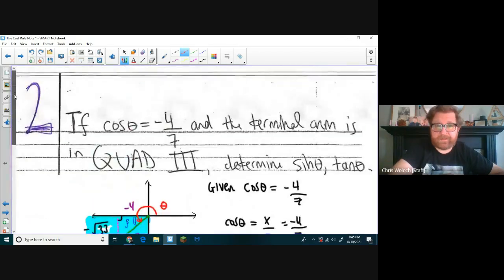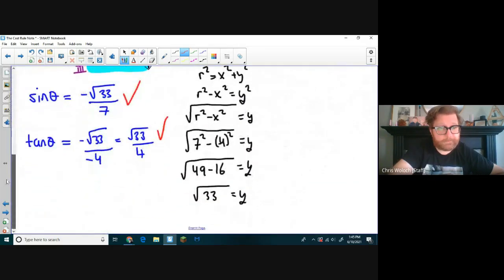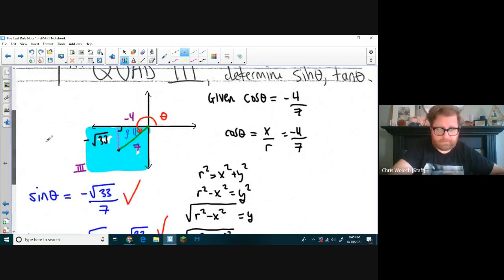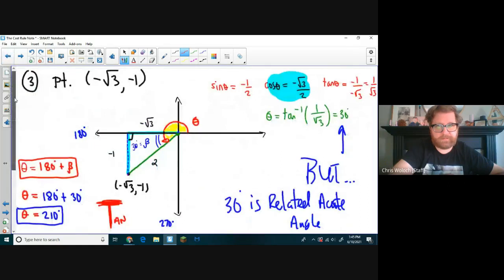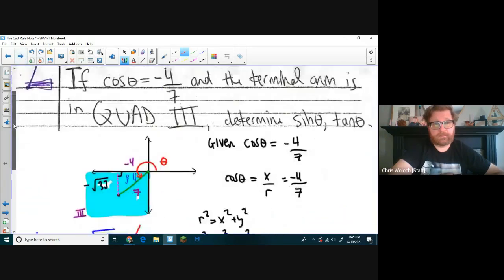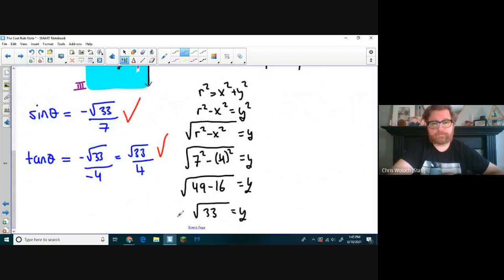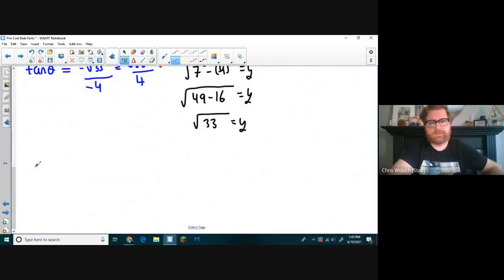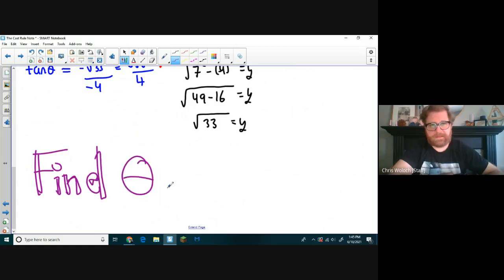Now it didn't ask for theta, but what the hell? Let's find theta. So again, if I'm in quadrant 3, if I go back to our little chart, quadrant 3, when we are here, if we use tan, then we'll get the related acute. Okay, so let's just do that. Let's find theta.